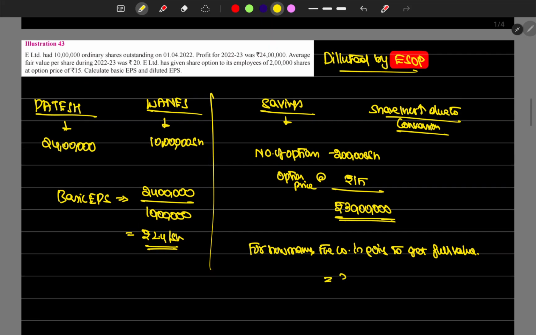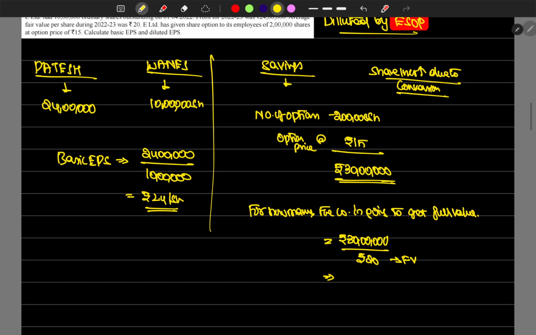Rupees 30 lakhs divided by rupees 20, which is the fair value. So 1,50,000 shares is what the company is going to get the full share amount for.